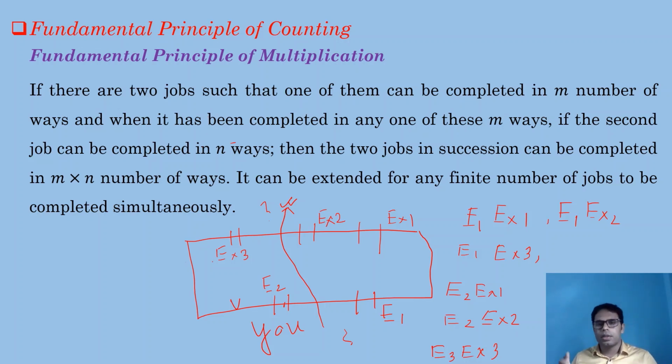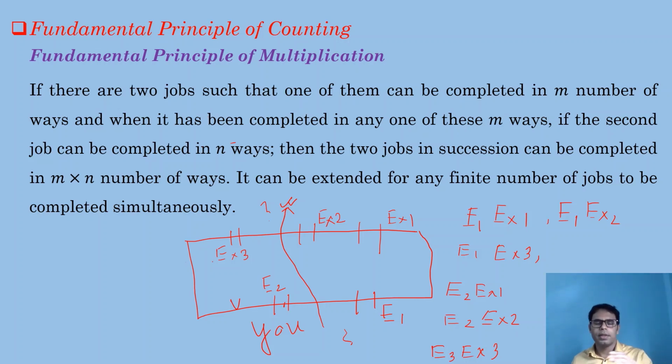Okay, so this is a manual process of finding the number of ways to complete a task. But if you know the fundamental principle of counting, then if you want to go from this side to that side of the room, first you have to enter the room, then you have to exit the room.